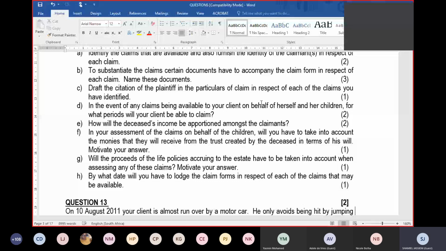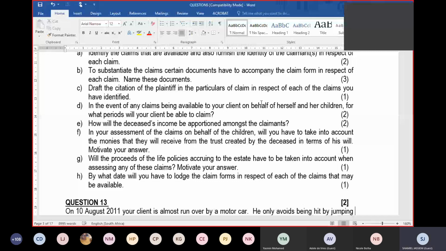And then G, will the proceeds of a life policy accruing to the estate have to be taken into account when assessing any of these claims? The answer is no. Again, in terms of the Assessment of Damages Act, the same way inheritances are excluded, the proceeds of life policies are also excluded.